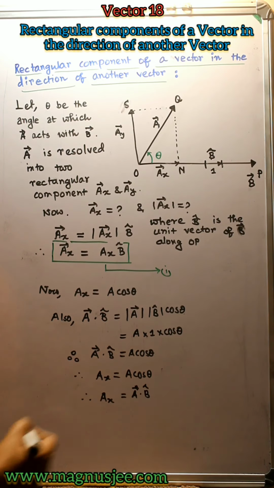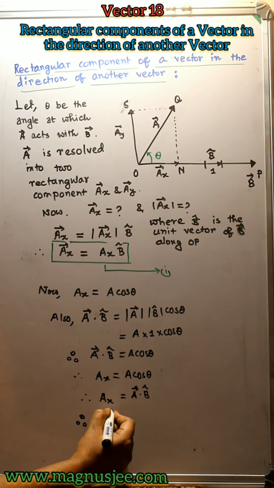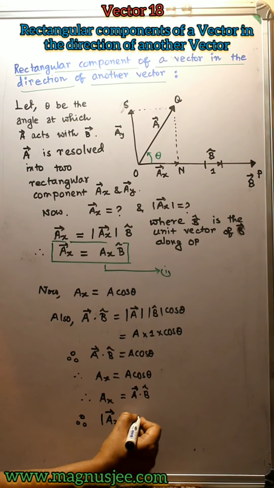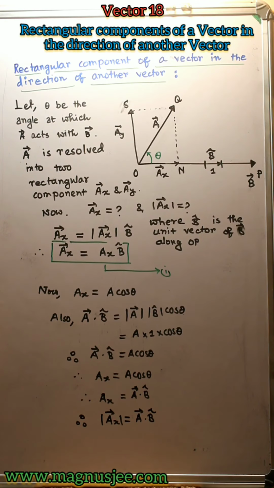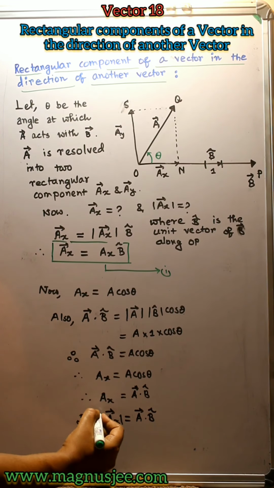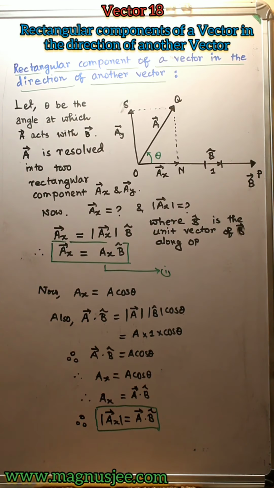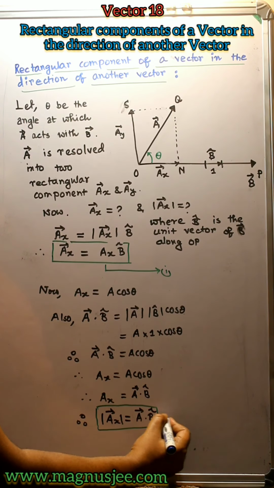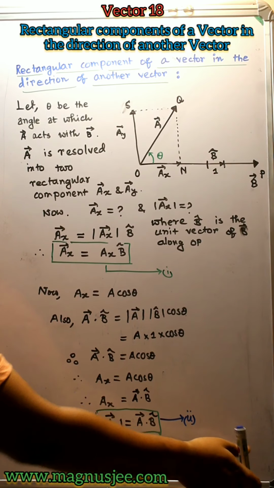Therefore, the magnitude of vector Ax is equal to vector A dot B cap, and this is the magnitude of the rectangular component vector. Mod vector Ax equals vector A dot B cap. This is equation 2.